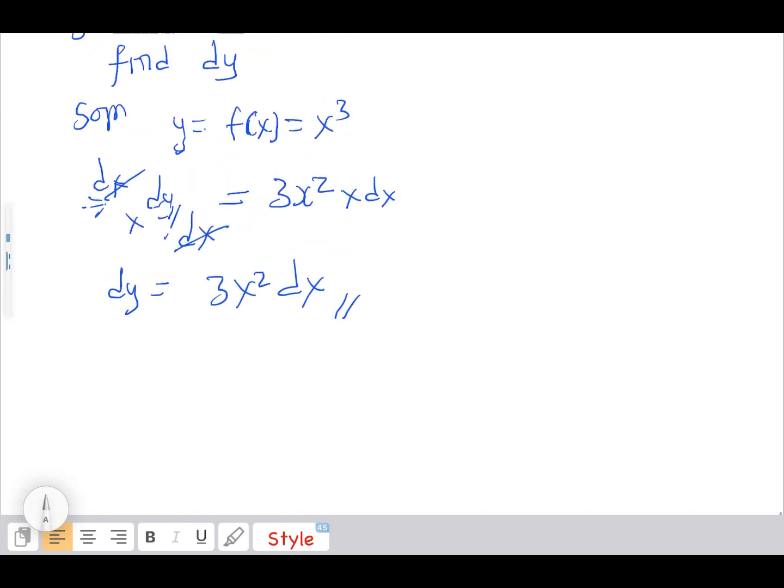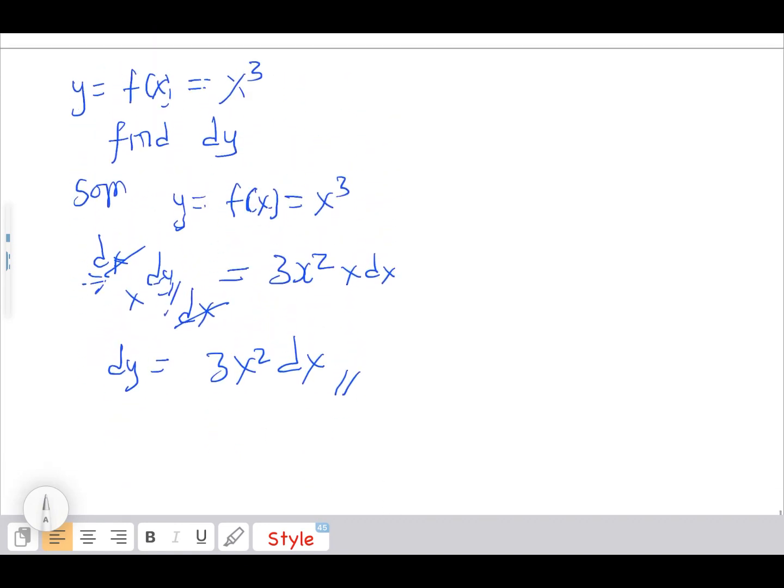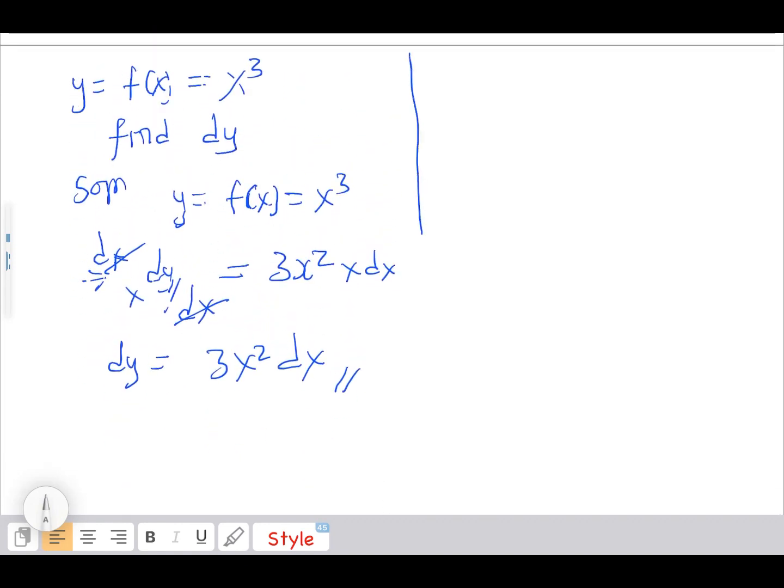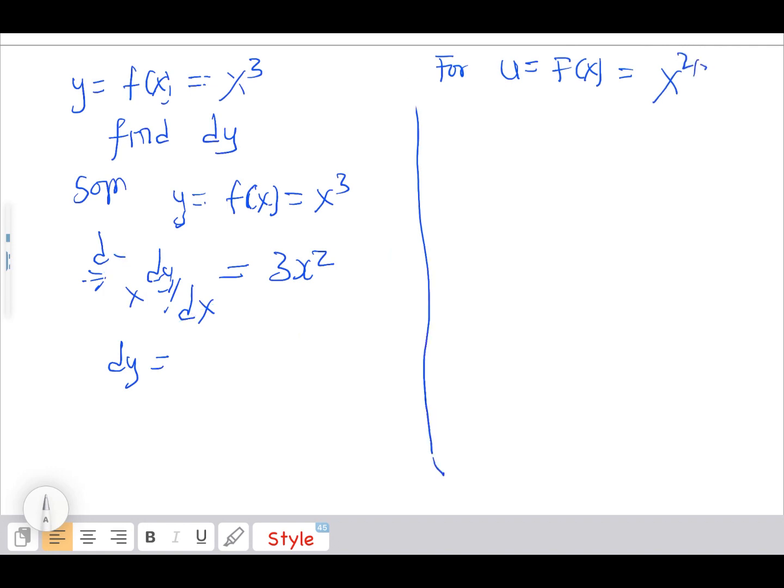So let's look at the second example. For u equal to f of x equal to x power 2 over 3, find du. Solution.